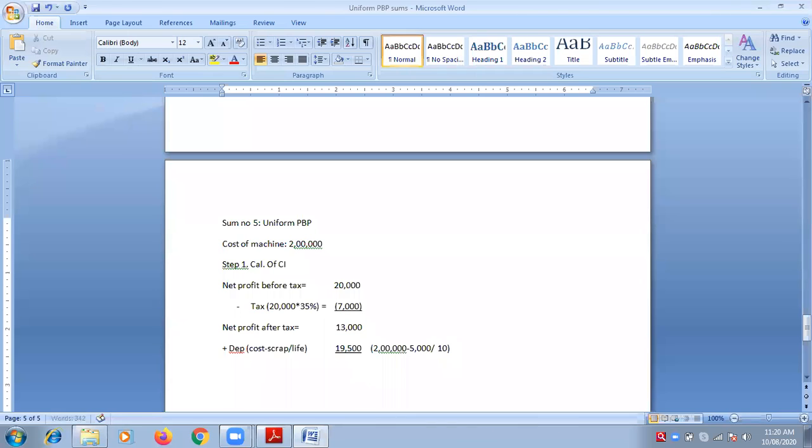So it will be known as, I'll write the short form, net profit after tax but before depreciation. So it is nothing but CI for me. It is nothing but CI for PBP. So what is my final CI? 32,500 if I'm not wrong.